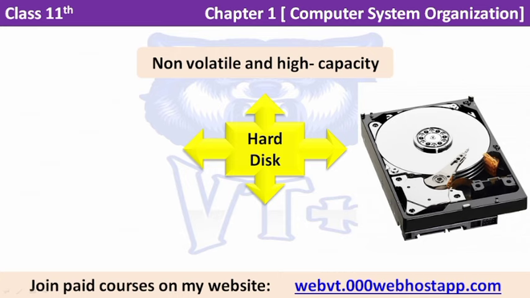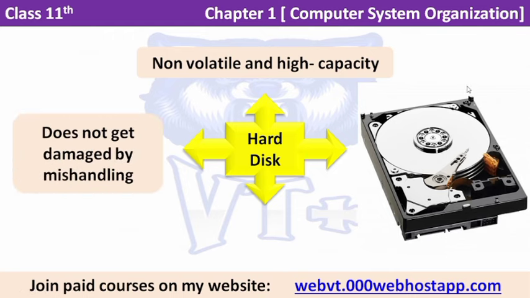You can see this is the black body. It is called the HDD case. This is the image of a real hard disk. And a hard disk does not get damaged by mishandling because it is fixed inside the computer.